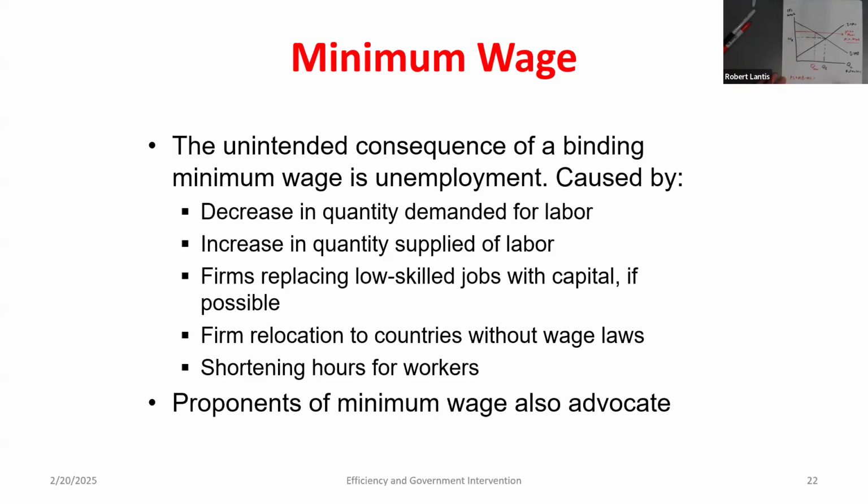It's this new higher minimum wage. So where is consumer surplus? This area up here. Now, what was it before the price floor? It would have been this entire triangle. So price floors hurt who? Consumers. In the labor market, who's the consumer of labor? Firms. So minimum wages definitely are going to hurt firms.